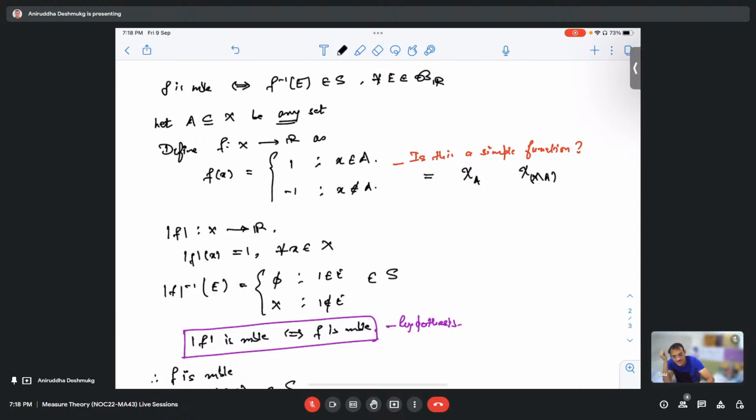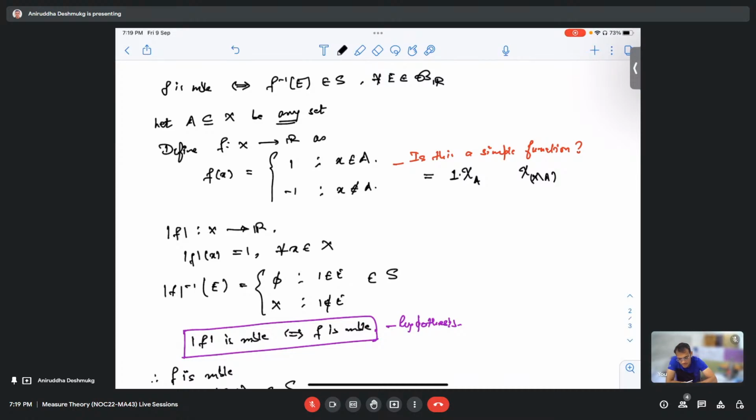Now, what happens when x is inside A? Then obviously the value is equal to 1. And for the second set, what do we want?